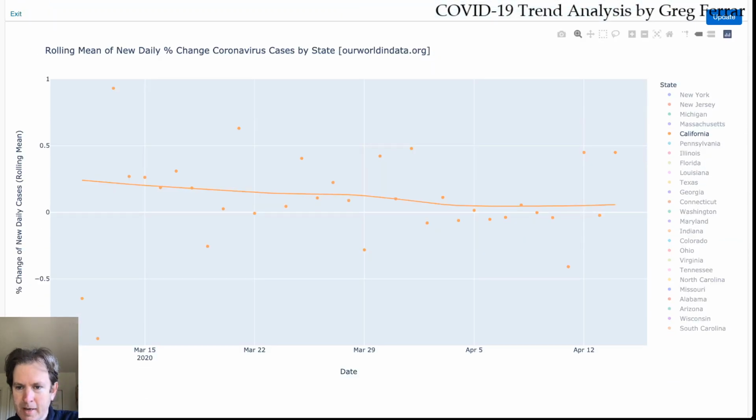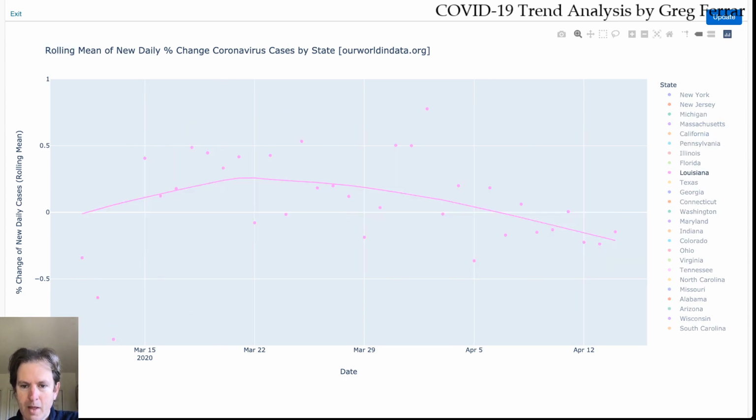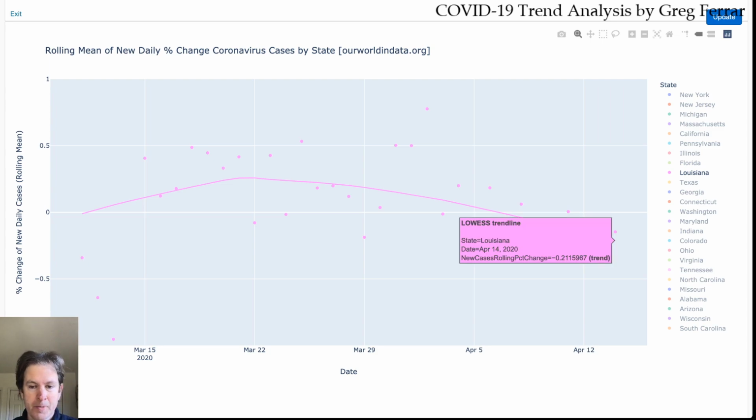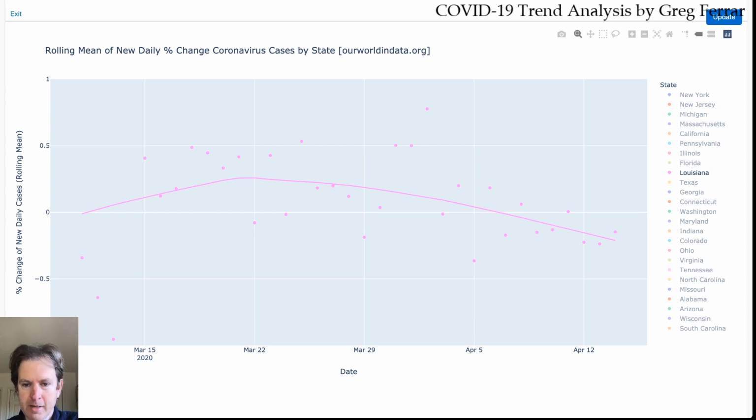And then here in Louisiana, we have this very nice graph. It has both of the things we like to see in the rope chart. It has a negative growth rate, in fact, a very high negative growth rate, 21% drop daily in new cases, and it's trending downward. So Louisiana is now looking great, and it crossed the 0 line a week ago.